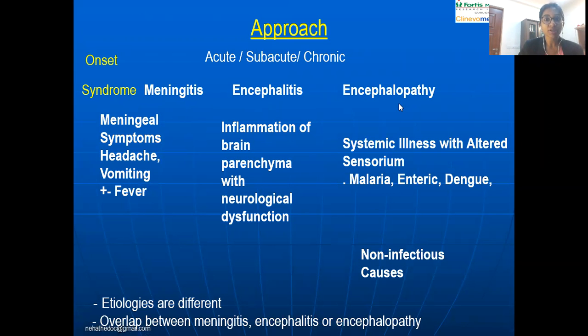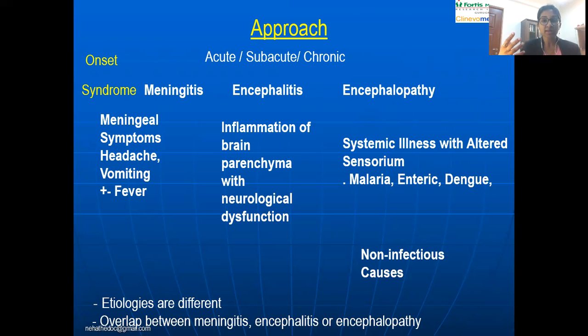Now, if a patient is presenting with fever with altered sensorium to us, it's very important to differentiate another entity, which is encephalopathy. What is encephalopathy? Encephalopathy is a systemic illness with altered sensorium. For example, any systemic illness, like it can be acute febrile illness with malaria, enteric, dengue, leptospirosis, or rickettsiosis.